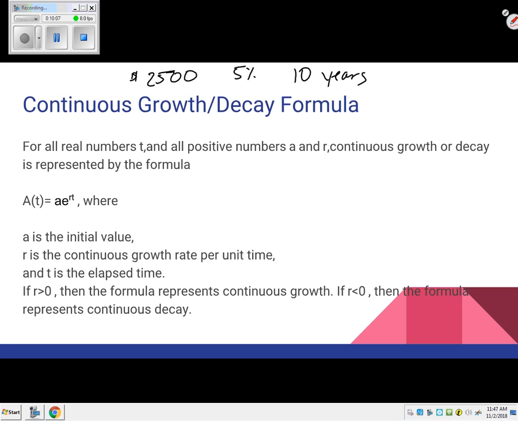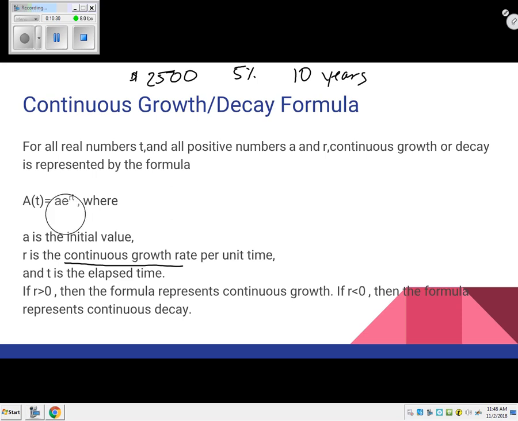Anytime it says that something is growing continuously, if it's a population that's growing continuously, or if it's something that's decaying continuously, we're going to need to see this number e right here.